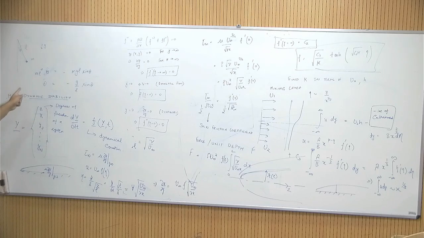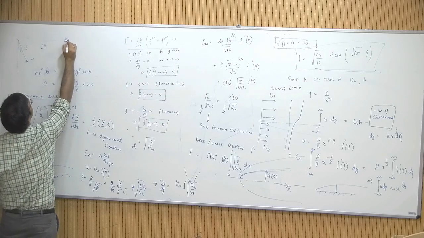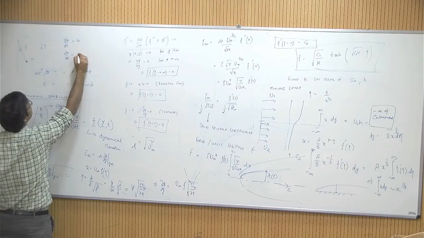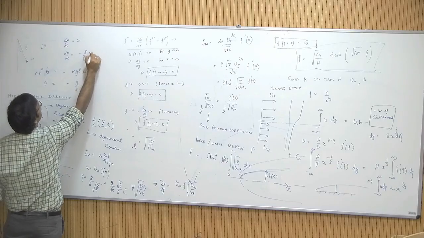This could be anything. For a pendulum, you have a single second order equation. You can convert it into two first order equations. You can write d theta by dt as omega, and d omega by dt is minus g by l sine theta.